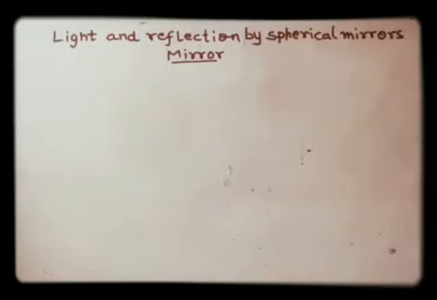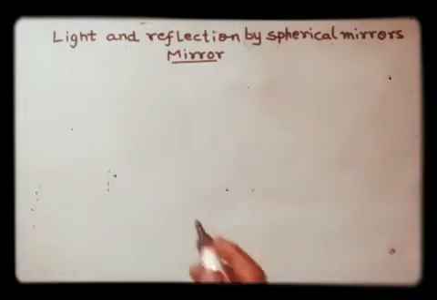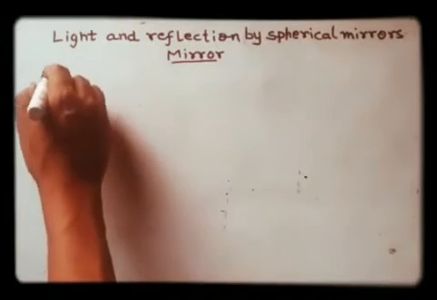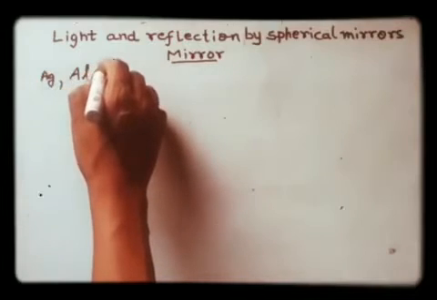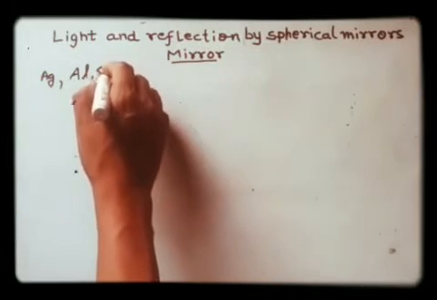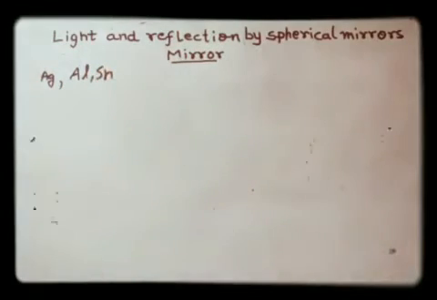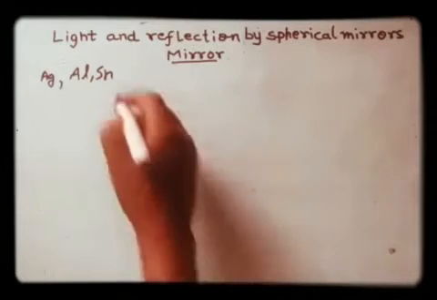So the thing is, as I told you, a glass sheet is not a mirror. Then what is a mirror? Actually, mirror is a reflecting surface, a metal sheet kind of, a thin layer of that. Generally it is made up of silver, aluminium, tin (Sn), and a few others like chromium, nickel.